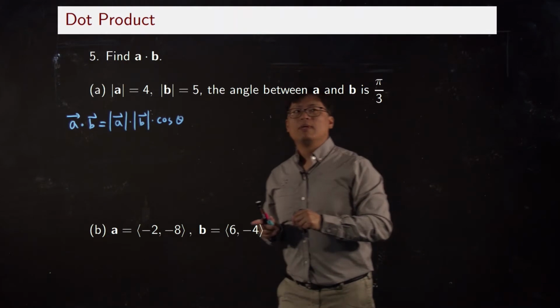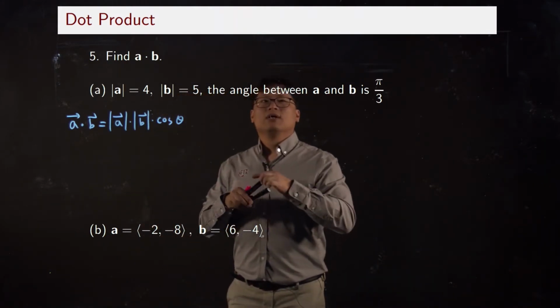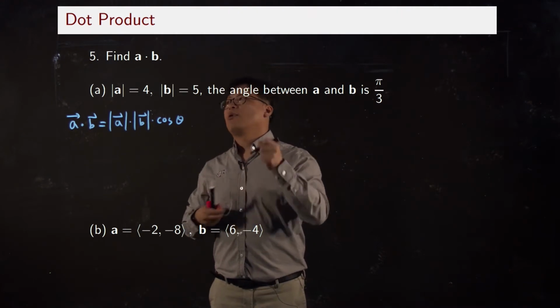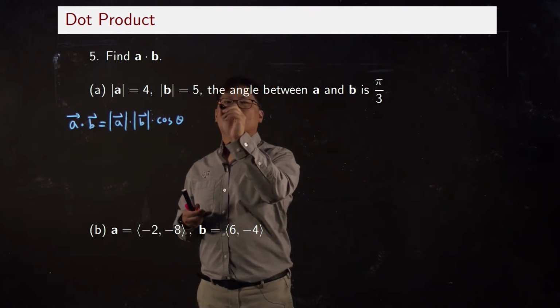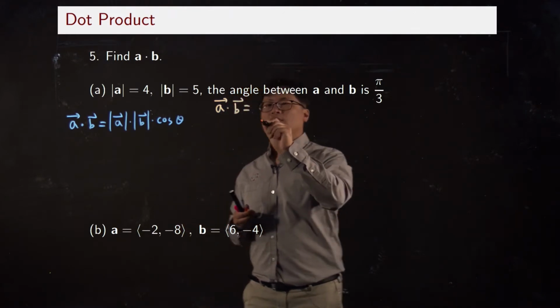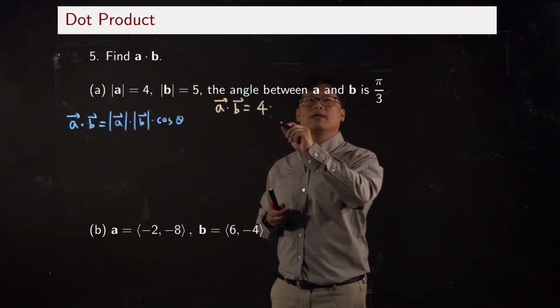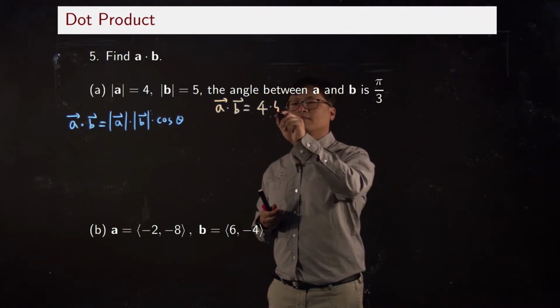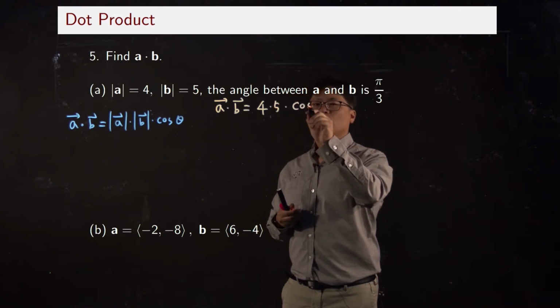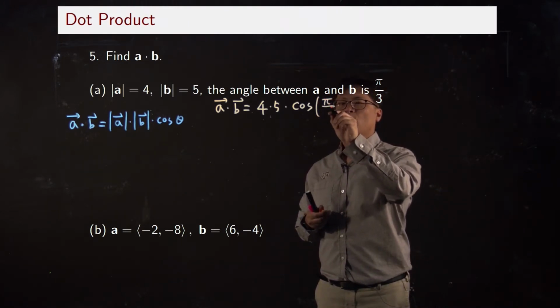So let me apply this one to the problem. Vector A dot B is equal to the length of A, which is 4, and the length of B, which is 5, times the cosine of the angle between the two vectors in radians, which is pi over 3.